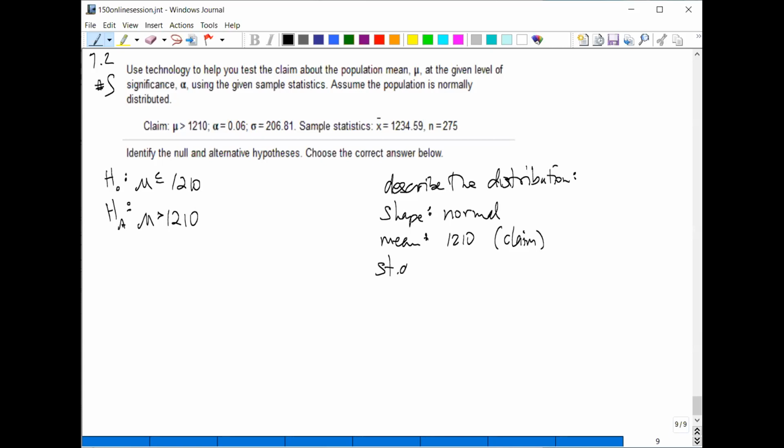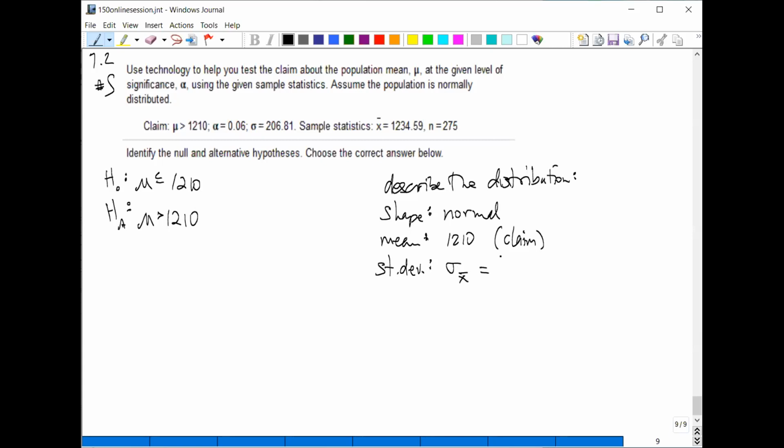And then we need the standard deviation. Now, as we've talked about, the standard deviation, when you take a sample, it is not sigma. The standard deviation is sigma x bar.